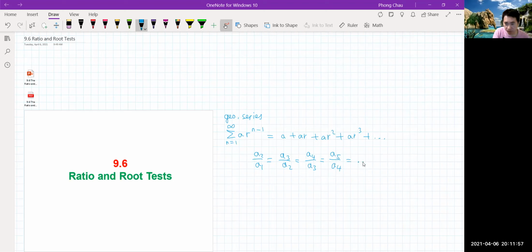It's always the same, and it's equal to the common ratio r. And this is why the term common ratio comes in. Right?